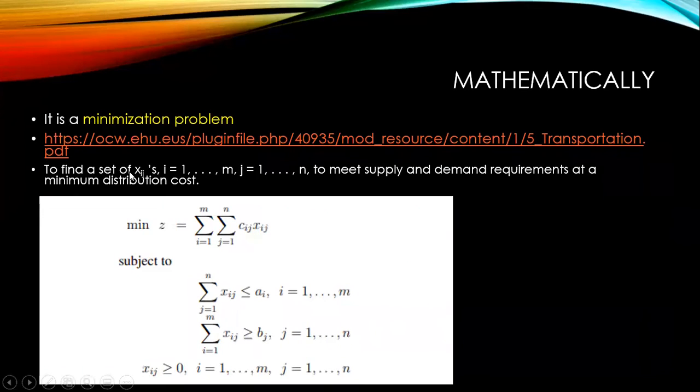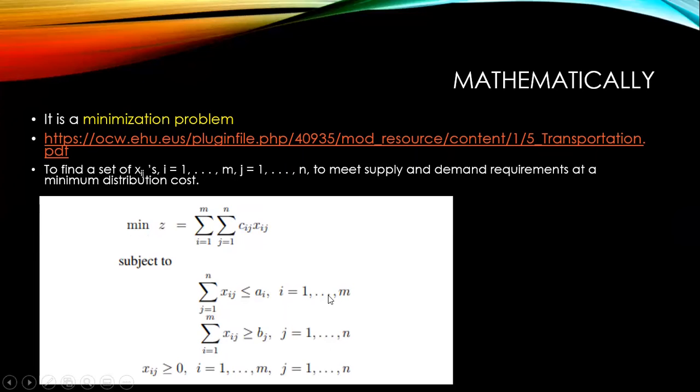The objective is to find a set of xij to meet supply and demand requirements at a minimum distribution cost. This is the objective function. This is the unit cost, and this is the quantity of product supplied from source i to destination j. So xij is the amount of product.